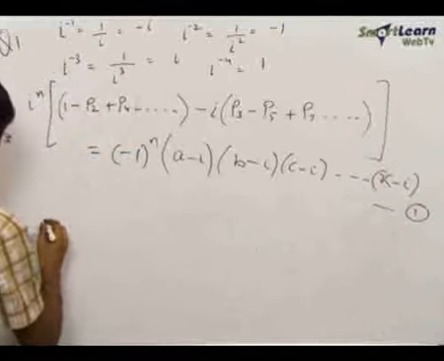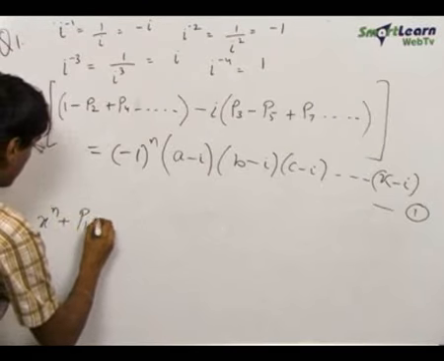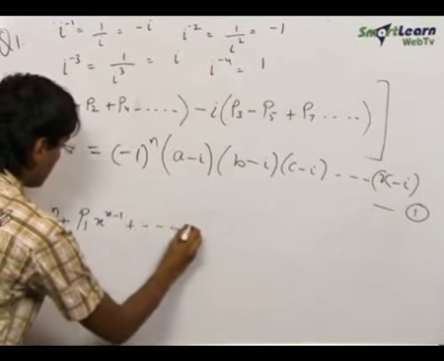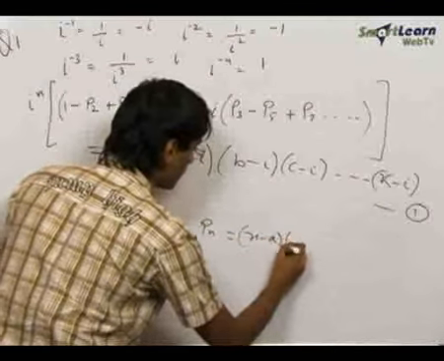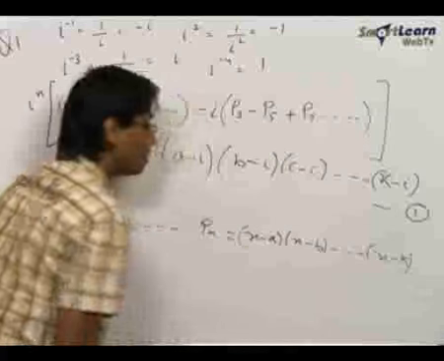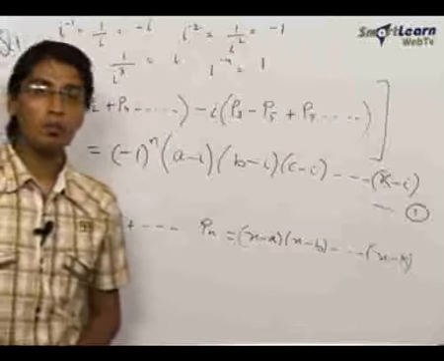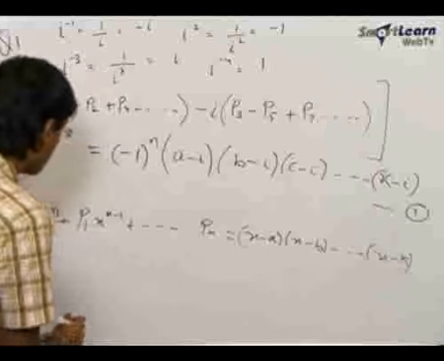Now in the original expression, which was x power n plus p1 into x power n minus 1 up till pn is equal to (x minus a)(x minus b) up till (x minus k), initially we put x equals iota, now we will put x equals minus iota.